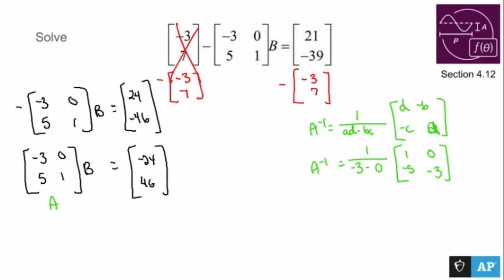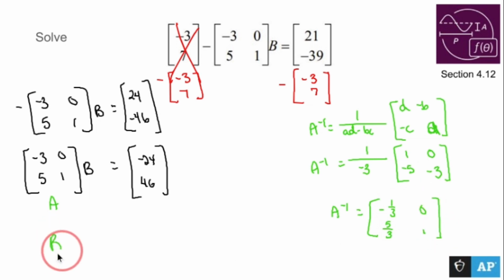All right, so just to save some space, -3 minus 0 is just -3. So I have 1 over -3, or -1 over 3, however you want to view it. So the A inverse is going to equal [-1/3, 0; 5/3, 1].